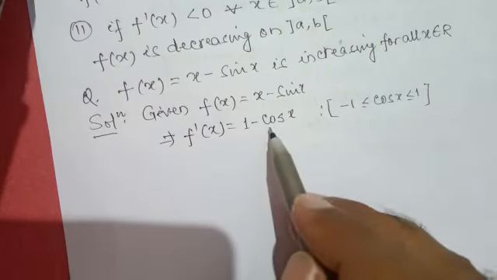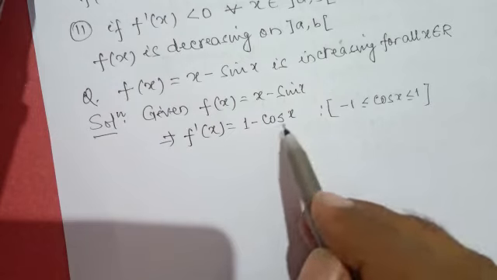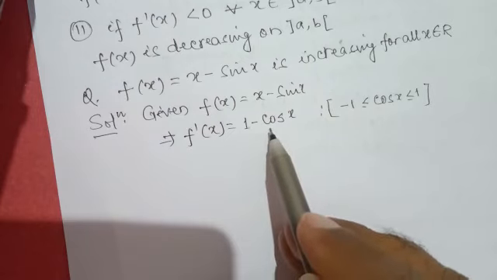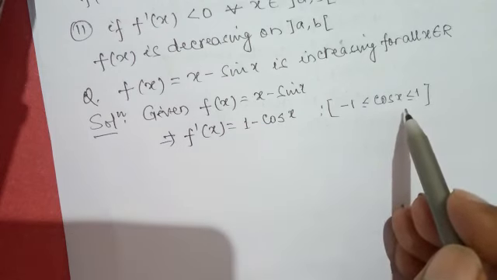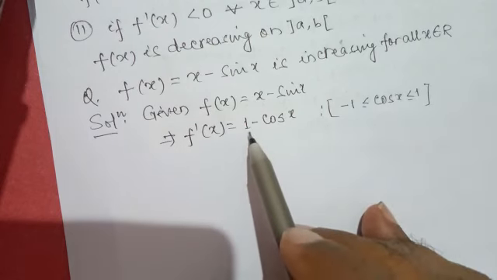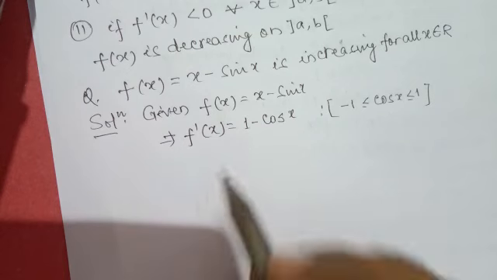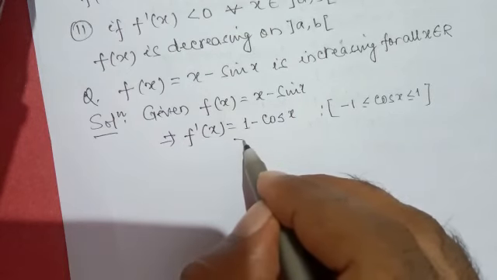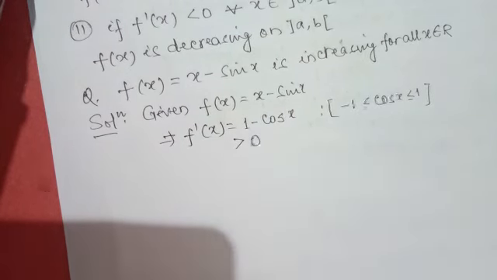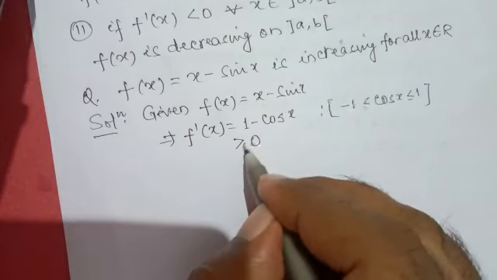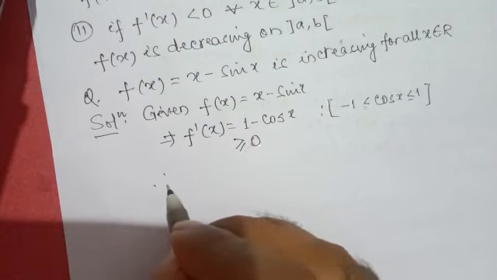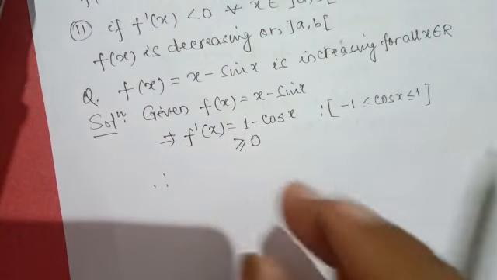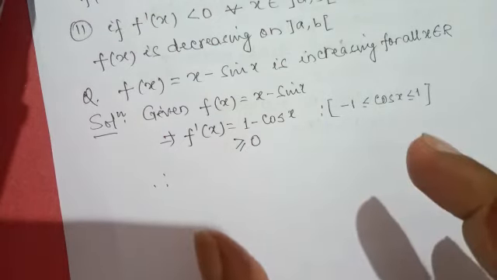So in case of -1, this becomes negative. As soon as we proceed to 1, we will get final result 0. Hence, the value must be greater than or equal to 0, which shows that f'(x) is positive.